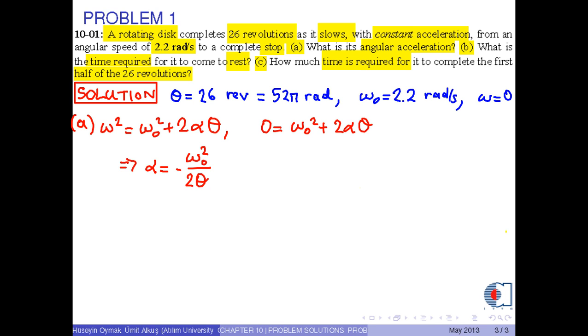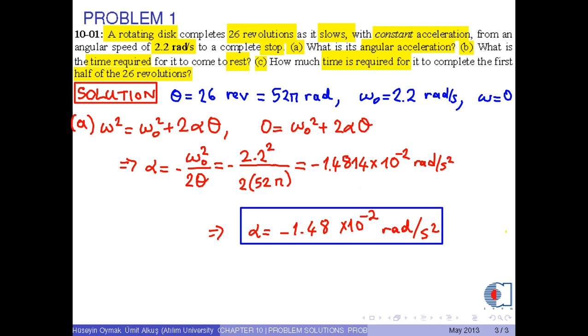If we substitute the corresponding numerical values into this equation as 2.2 radians per second squared over 2 times 52 pi radians, if we calculate, you obtain minus 1.4814 times 10 to the power minus 2 radians per second squared, which is approximately minus 1.48 times 10 to the power minus 2 radians per second squared.